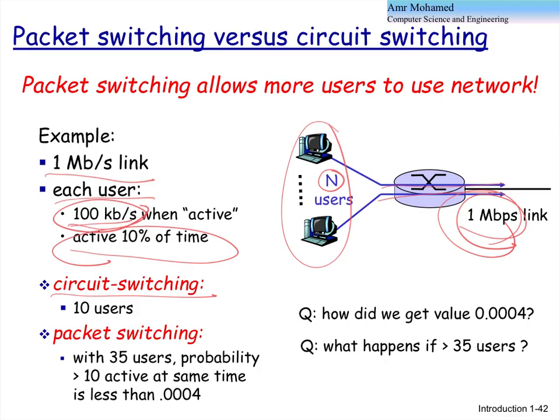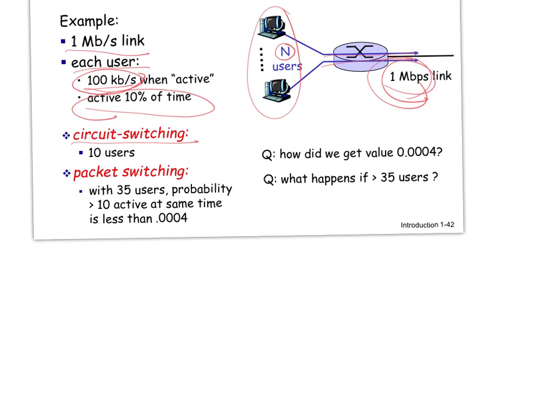It works. We have to go through probabilities now, unfortunately. So you have to refresh your probability and statistics course. If I have 35 users, first I have the probability of a user being active.